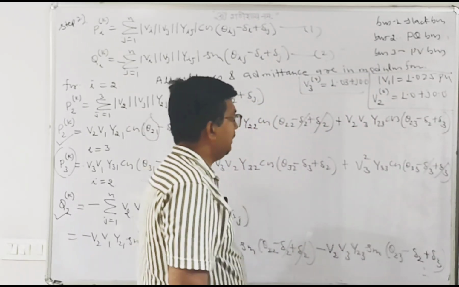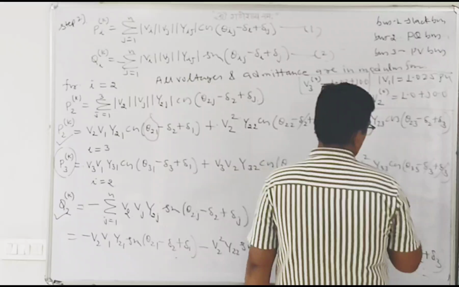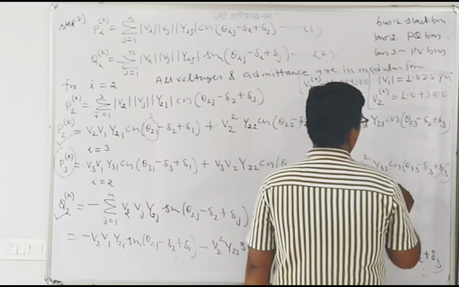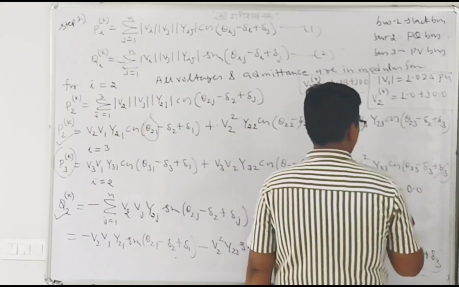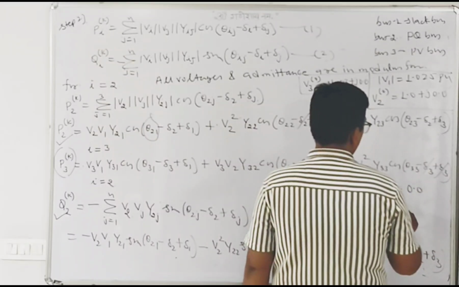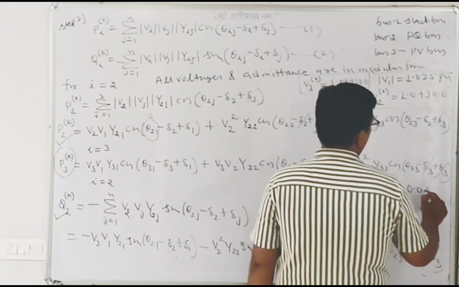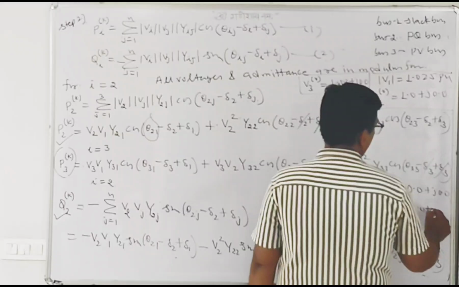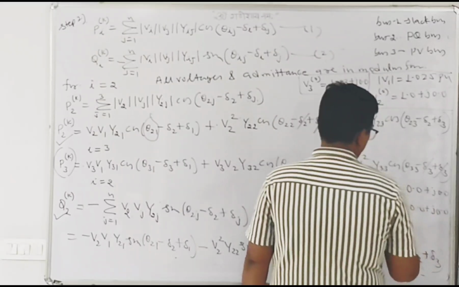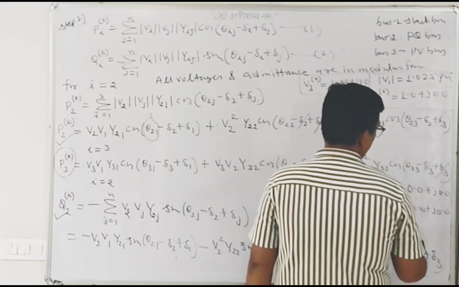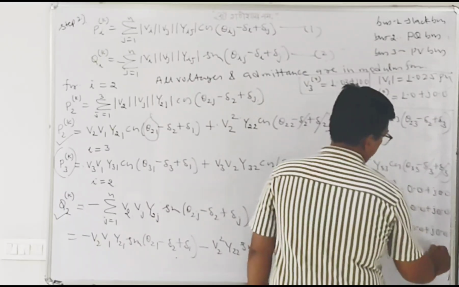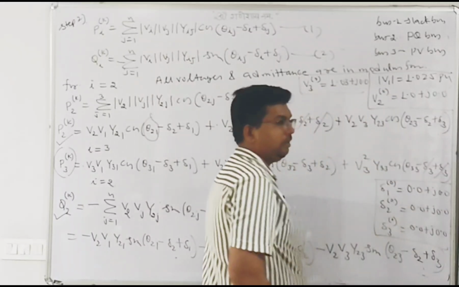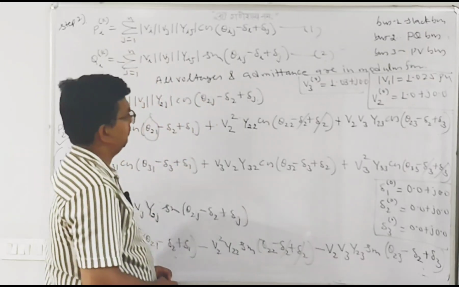Now similarly, what are the corresponding angles? What is delta 1(0)? This is 0.0 degree. What is delta 2(0)? It is also 0.0. Similarly, delta 3(0) is also 0.0. These are our assumed values for the first iteration.